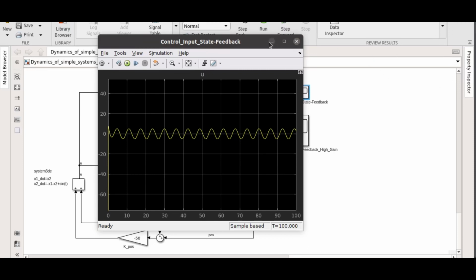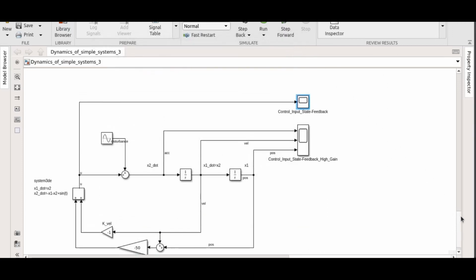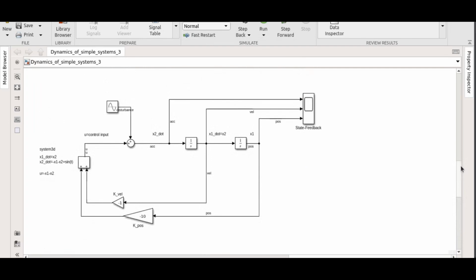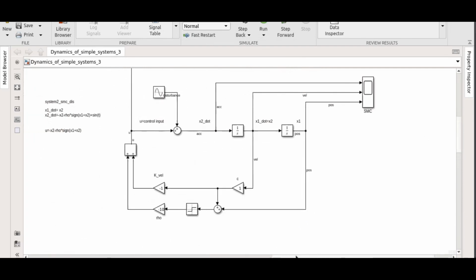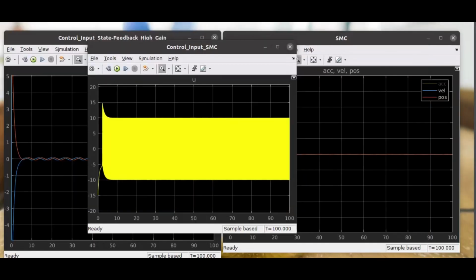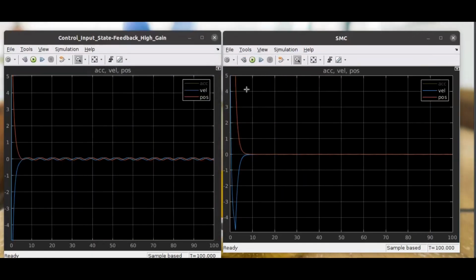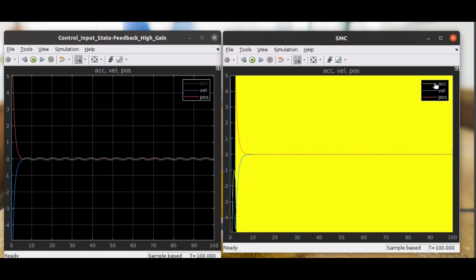Again, if we take a look at the acceleration plot for both the systems, in case of sliding mode controller, no physical system will be able to achieve such a level of acceleration. No system will be able to respond so fast to change its direction of force. But in case of state feedback controller, it is well within the limits. It is not varying so much.